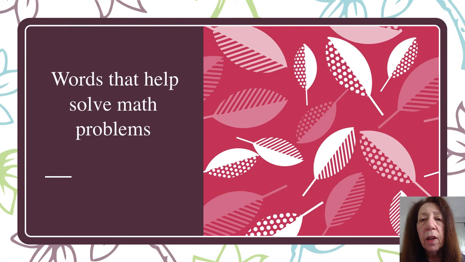We are going to continue finishing up words that are used to help solve math problems. This is called translating. In the past, we did some addition, subtraction, multiplication, and division.